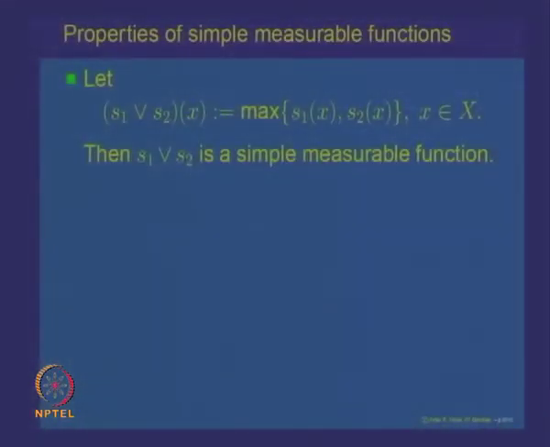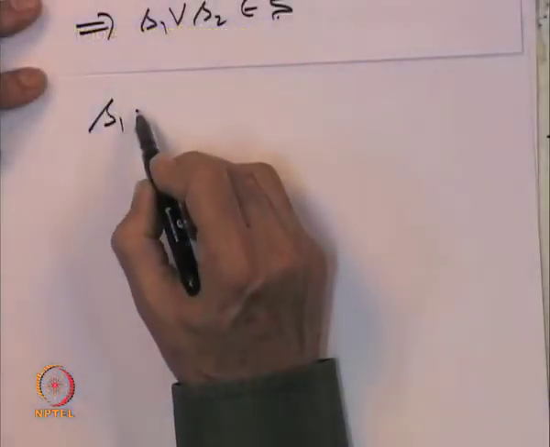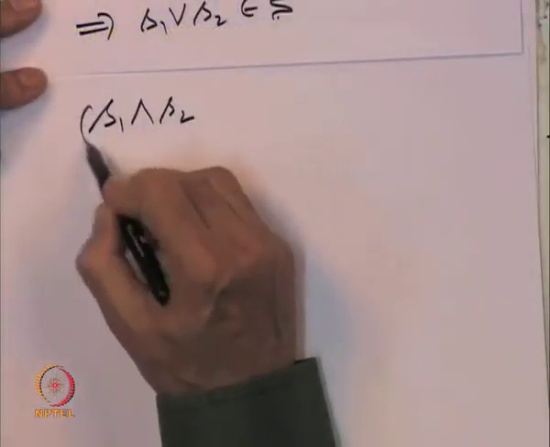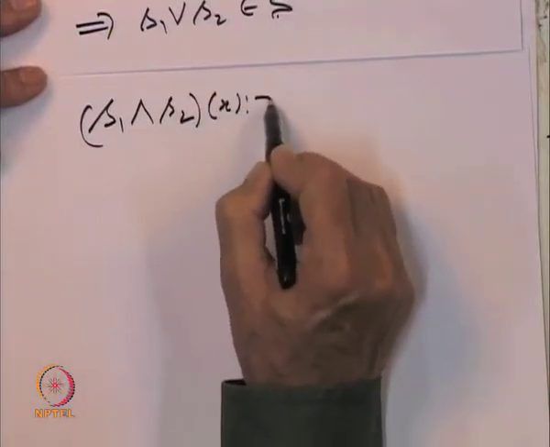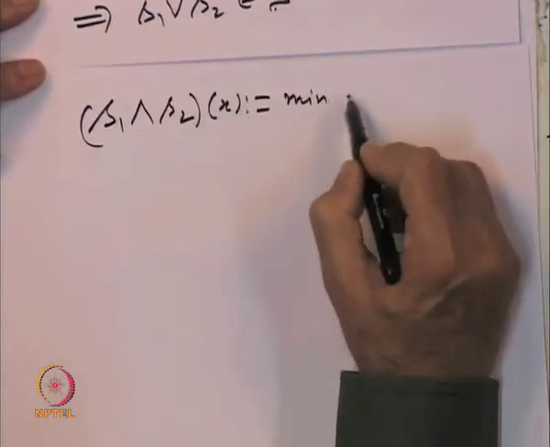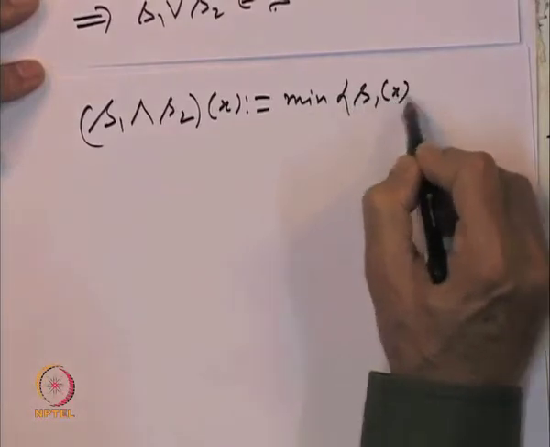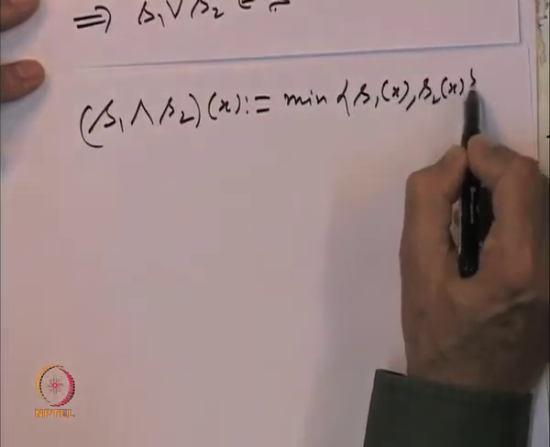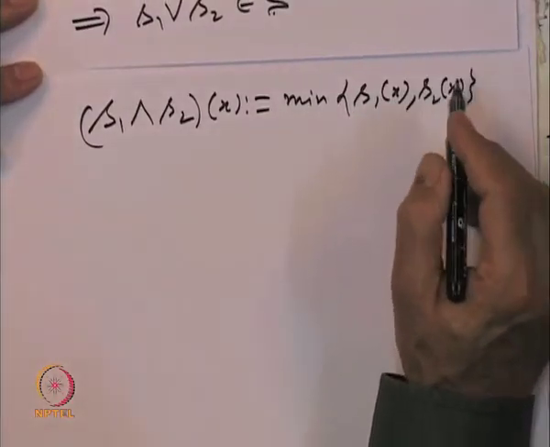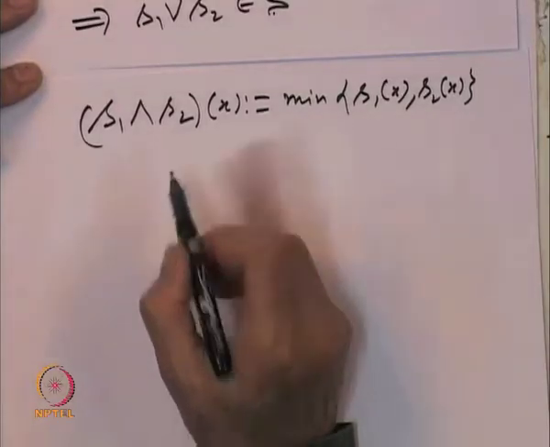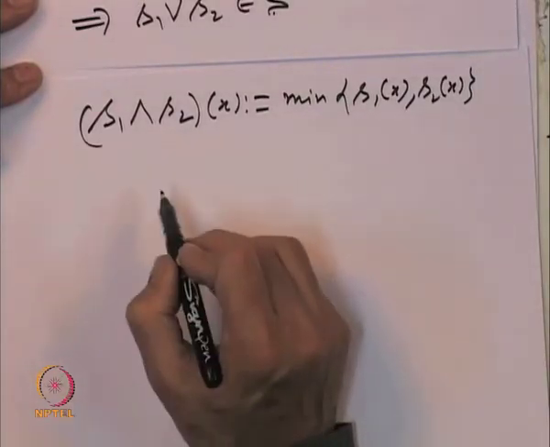A similar argument will imply that the corresponding minimum of the two simple measurable functions is also a measurable function. So, what is the minimum function? S_1 wedge S_2 at a point x is defined as the minimum of S_1 x, S_2 x, that is called the minimum of the two functions, and we want to show that it also is a simple measurable function.